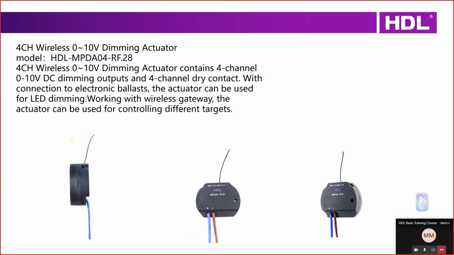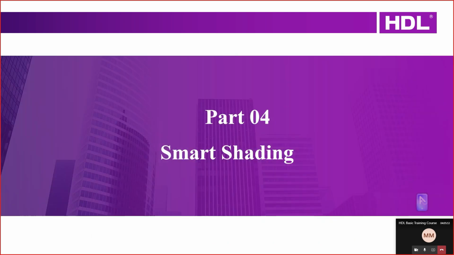Four-channel dimmer, 0 to 10 volts dimmer. So this dimmer, with connection to electronic ballast, the actuator can be used for LED dimming. Working with wireless gateway, the actuator can be used for controlling different targets. So this is the smart lighting.